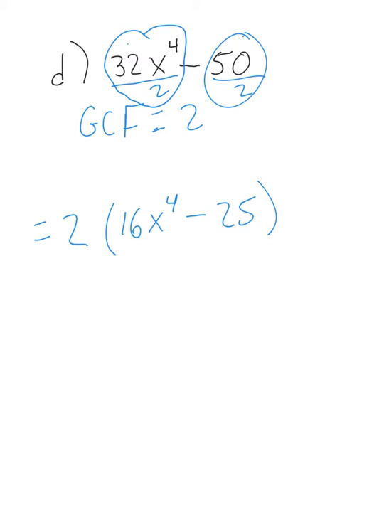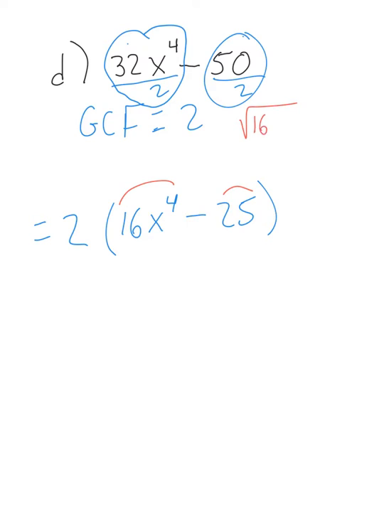So you could distribute it to check it. We're not done yet because we can go further. So now that I've divided out the 2, if I look at what's inside the parentheses, 16x to the fourth and 25 are both perfect squares. And there's a minus in the middle. So this is a perfect difference of perfect squares in the parentheses.